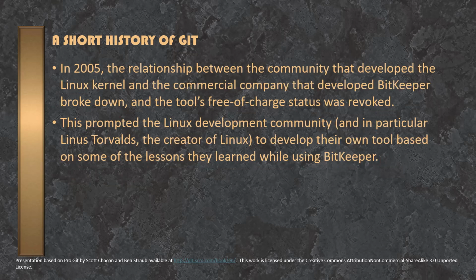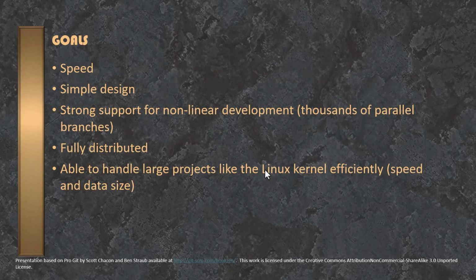So this prompted the creation of a new source control system. The original one, BitKeeper, just didn't quite do what they needed it to, and so that's what prompted the creation of Git.